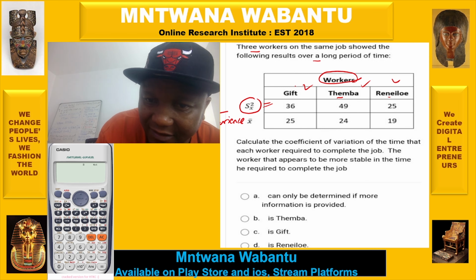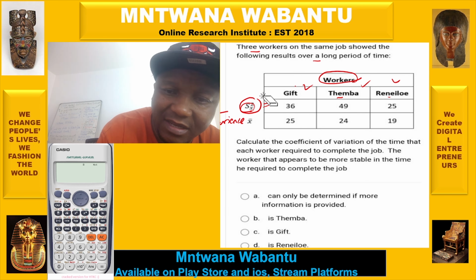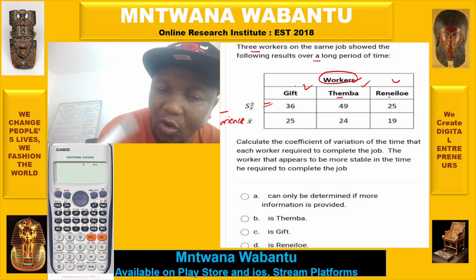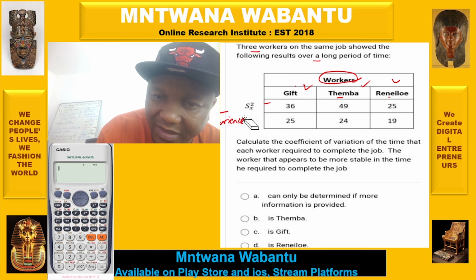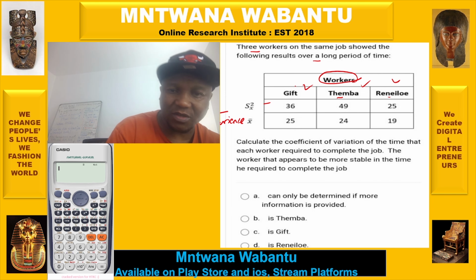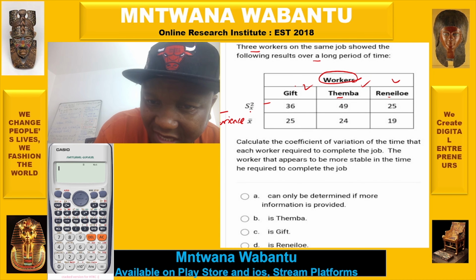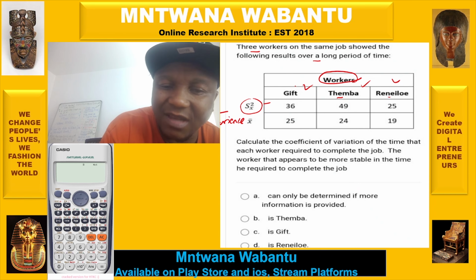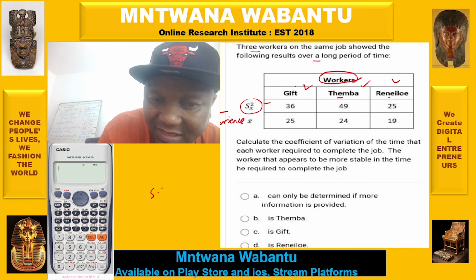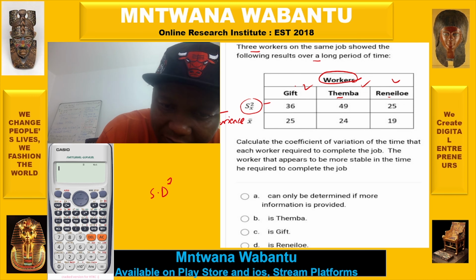If you take a standard deviation and then you square it, you get variance.